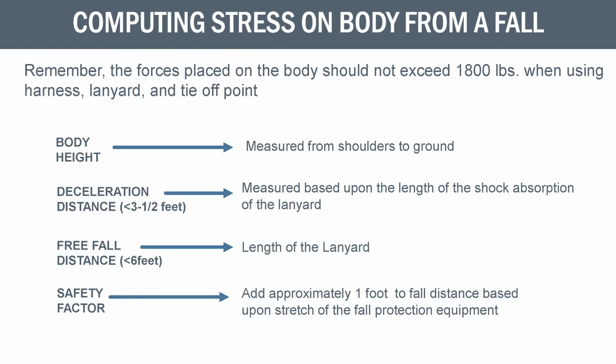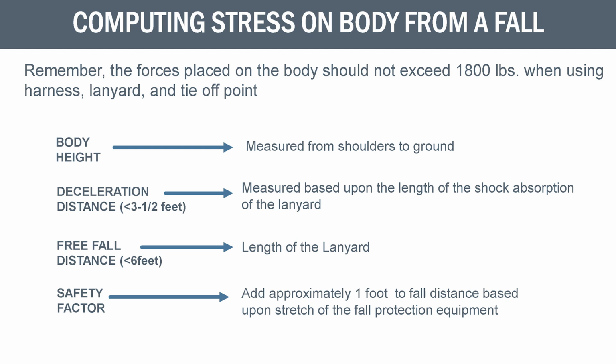When we talk about the stress placed on the body, look at the body height we talked about earlier, measured from the shoulder to the ground, because some people are 6 foot tall, some people are 5 foot tall. What about if you're shorter or taller than that? It all comes into play.